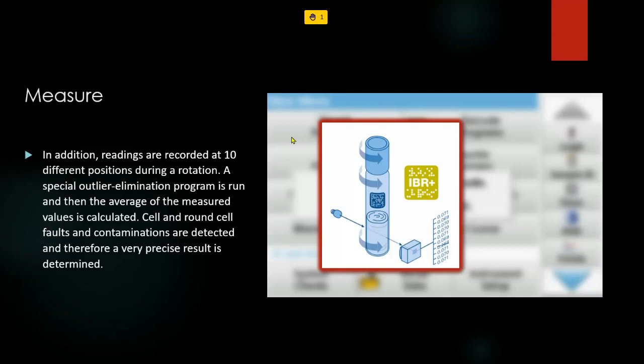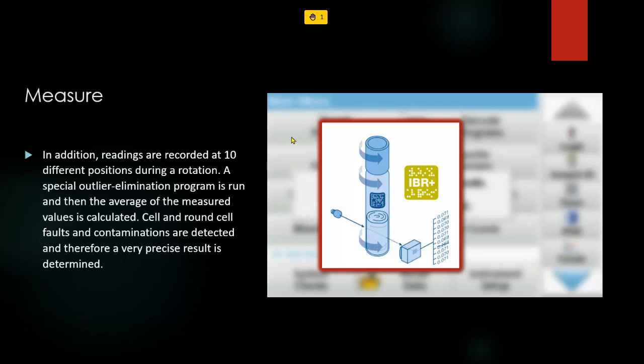In addition, readings are recorded at 10 different positions during a rotation. So in every rotation, every time we put the cuvette inside the instrument, it does 10 different measures. A special outlier elimination program is run, and then the average of the measured values is calculated.